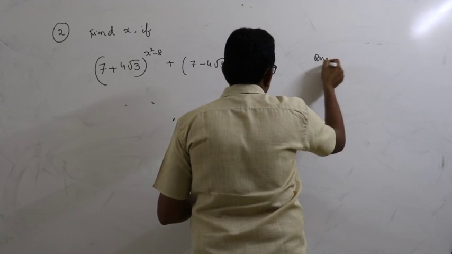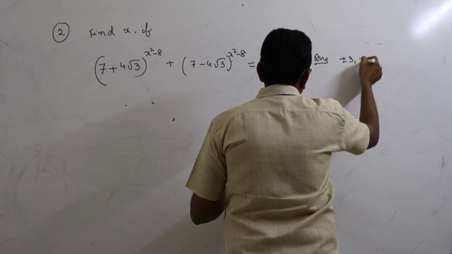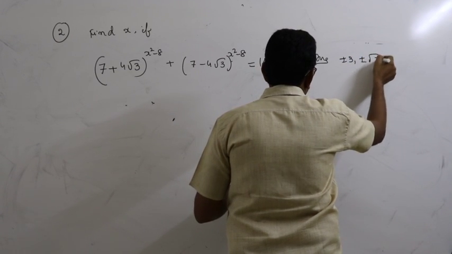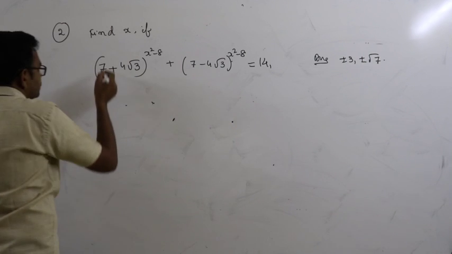Answer: plus or minus 3, comma, plus or minus root 7. Same model problem, just try this problem.